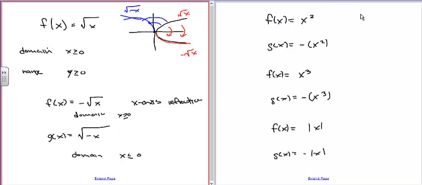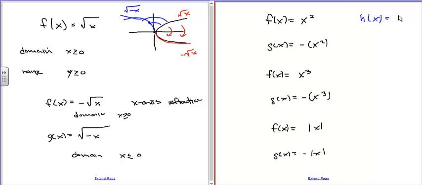So over here, the equivalent reflection across the y-axis would be the quantity negative x, quantity squared. So if I had x equals 2, then I'd have negative 2 squared, which is positive 4. Here it would be negative x, quantity cubed.